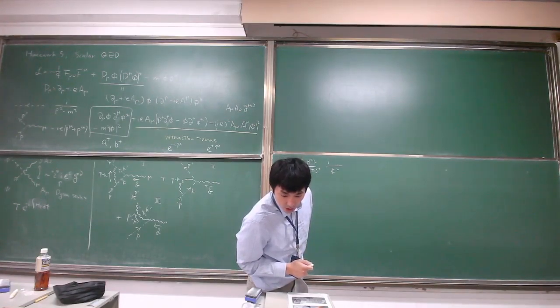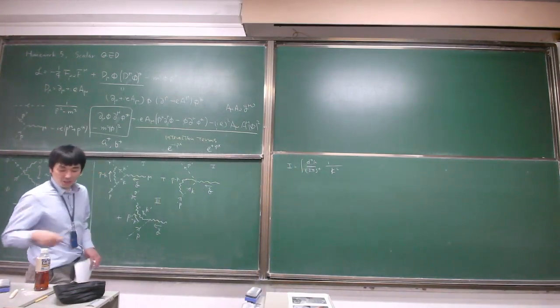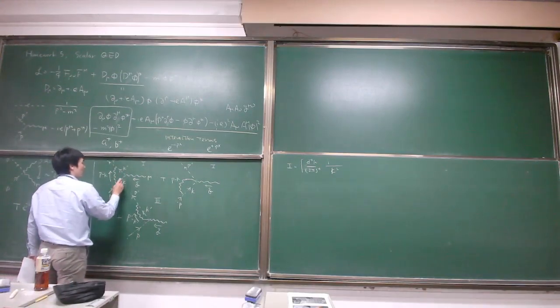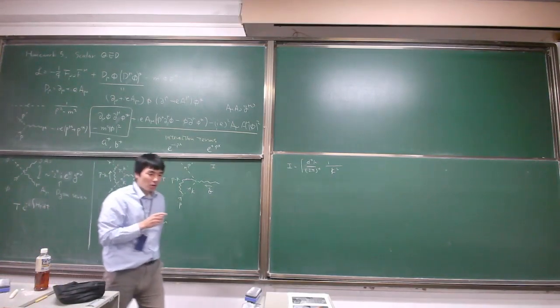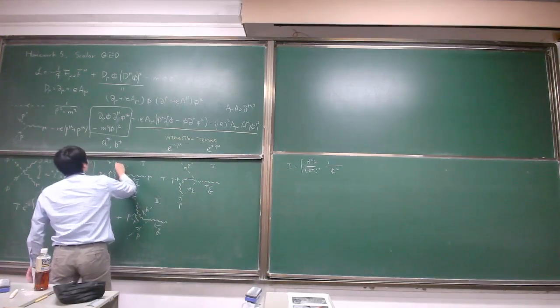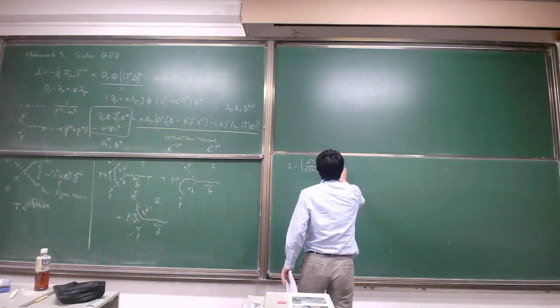I call this one sigma mu nu. I call this point sigma and nu. And then it's super simple to do that.